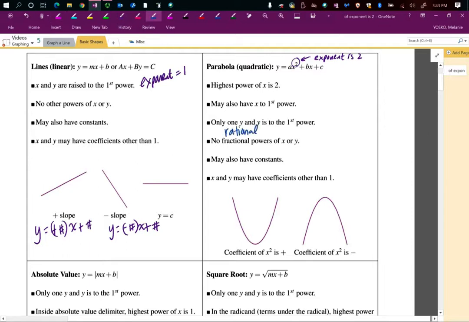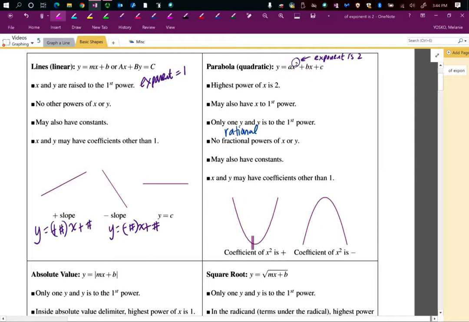I wrote fractional because I want to be clear that I have some number over some other number. You can have constants mixed in, and you can have coefficients, but the biggest thing is to check the powers of x's and y's. Notice here this is x to the 0, x to the 1, x to the 2. Those are the only powers you can have for x, and y can be to the first.